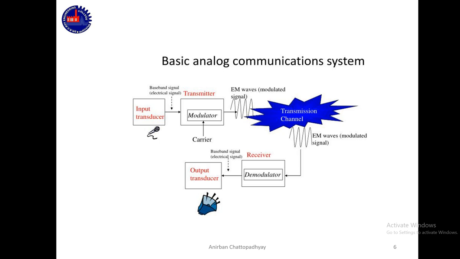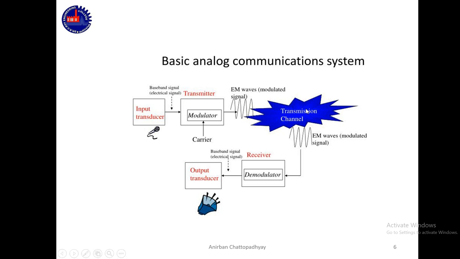Now it goes to the modulator, where another signal, the carrier signal, is needed to make the modulation. After modulation, the modulated wave is a high frequency, high energy signal, that is an EM wave. So we transmit the EM waves, which are high frequency, high energy signals.